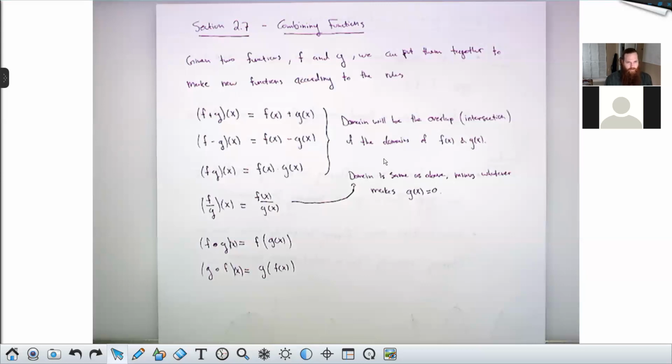Is what an H? Benson, where are you looking? After domain is same as above, minus whatever makes g of x equal to 0. So this is f over g of x equals f of x over g of x. This is f times g of x equals f of x times g of x. No h's anywhere on the page as far as I'm aware, aside from in the words written there.